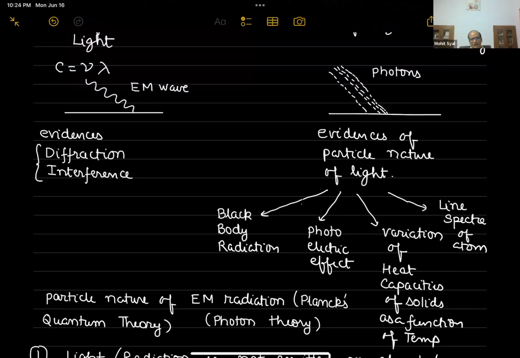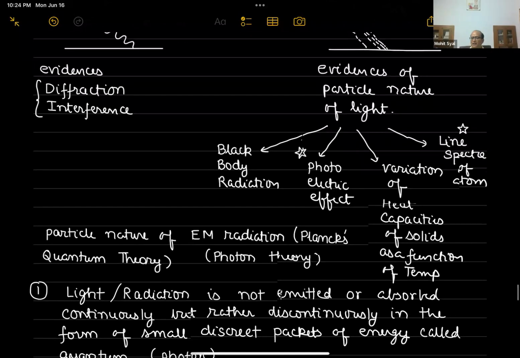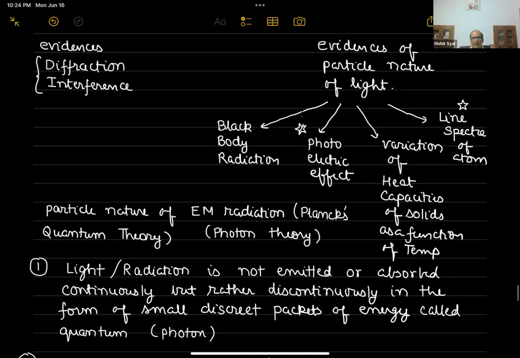Diffraction and interference can be explained by taking light as a wave, while black body radiation, photoelectric effect, and line spectrum of an atom are very important. These can be explained by assuming light to be of particle nature.